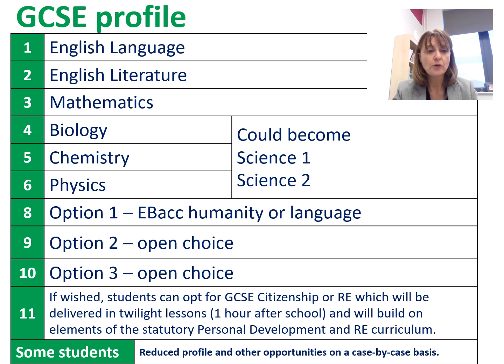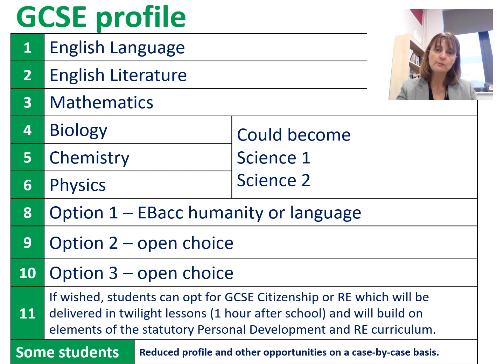They then have those option choices from the EBacc suite of languages and then 2 completely free choices, and if they wish they can opt for GCSE citizenship or RE that will be delivered in those twilight lessons, an hour after school, but that do build on the elements of the statutory personal development and RE that are delivered during the week.